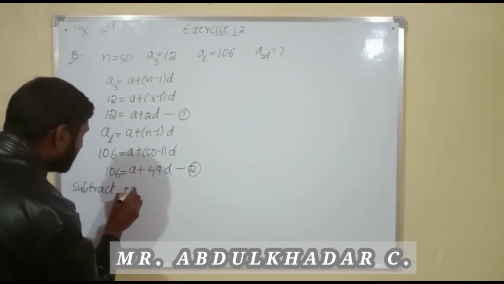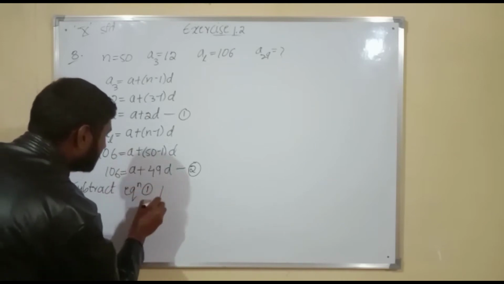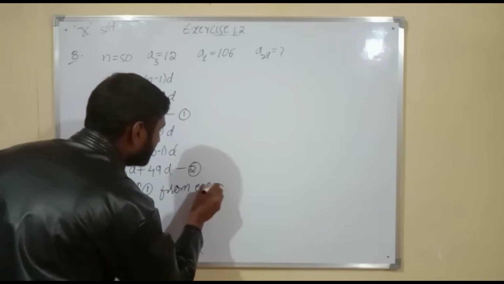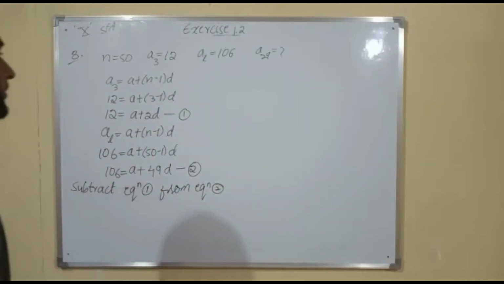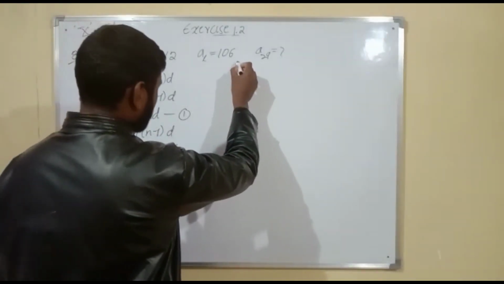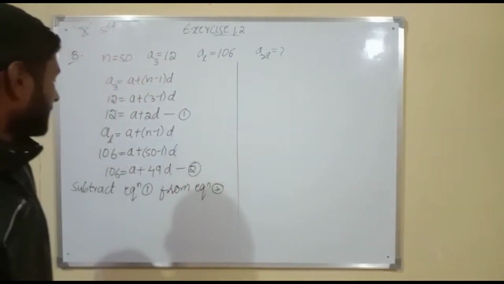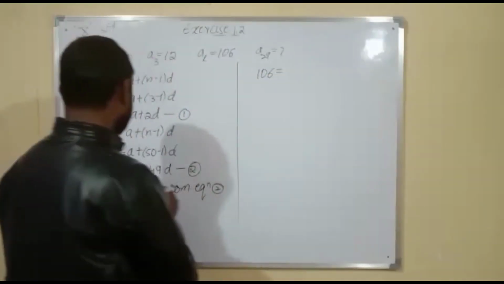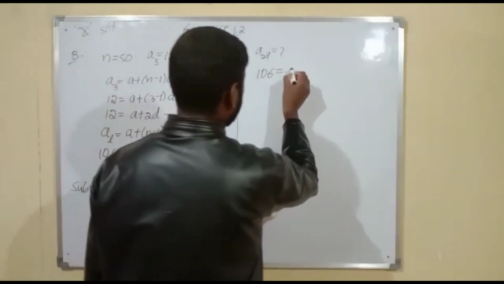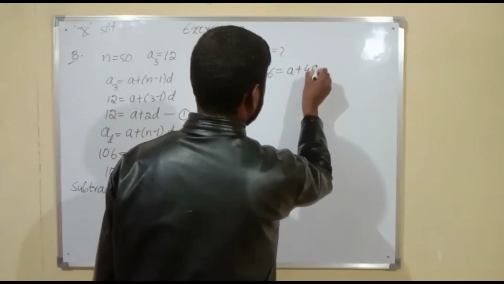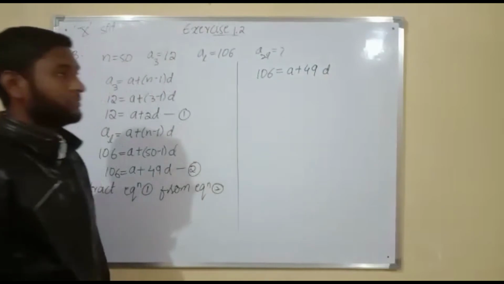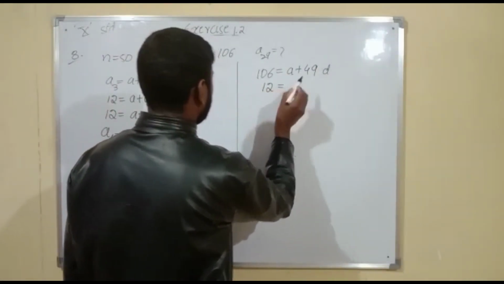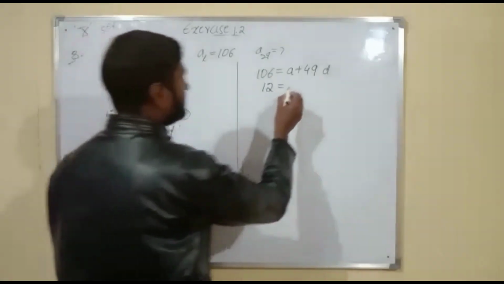Let me write here. The second equation we got is 106 is equal to A plus 49D. This is the second equation. And the first equation we got is 12 is equal to A plus 2D.